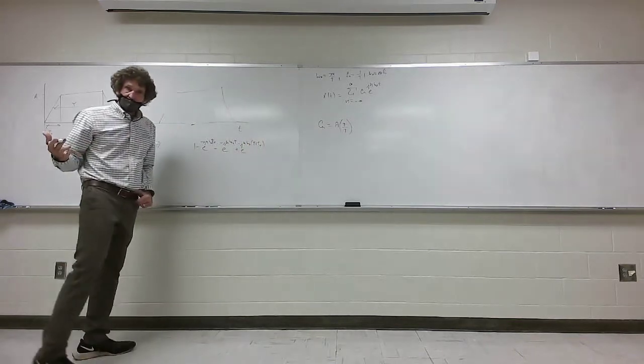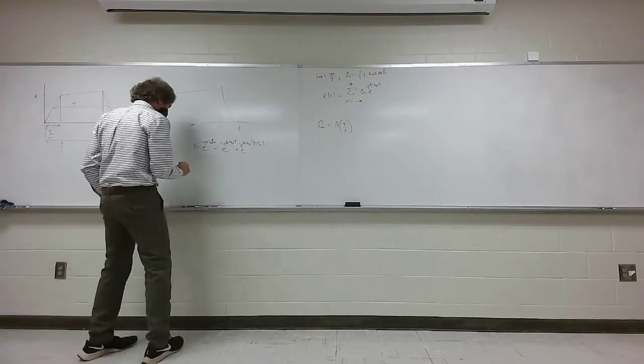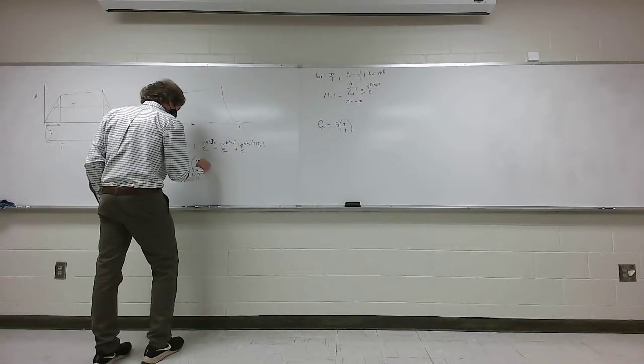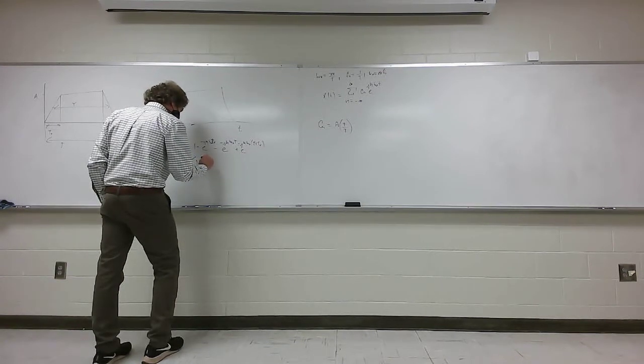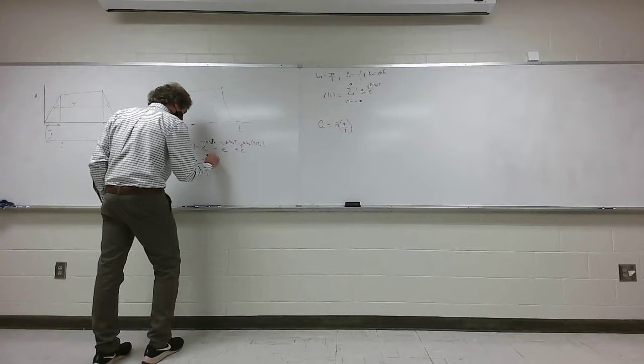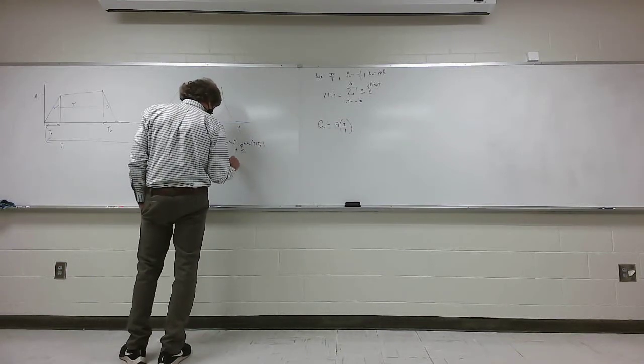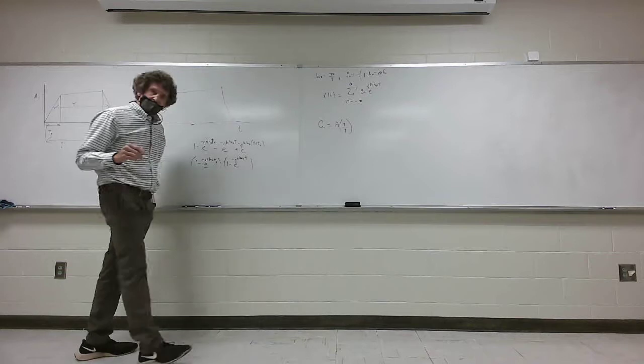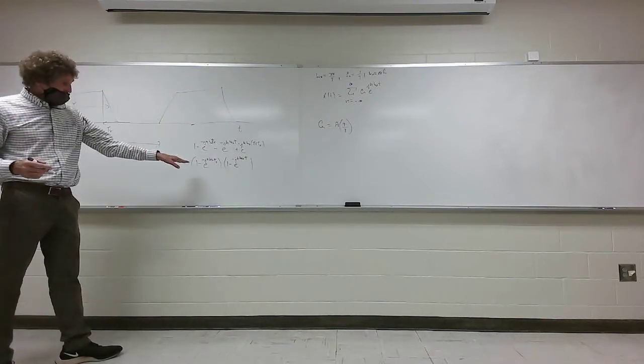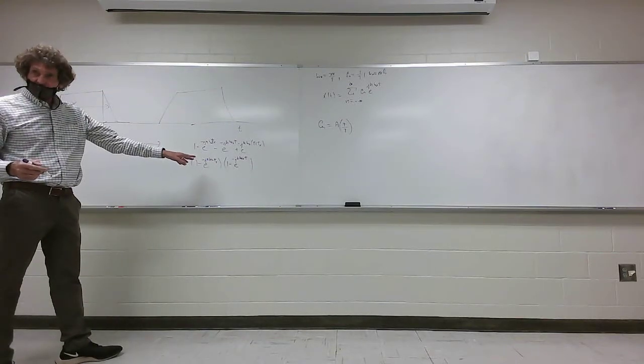Do you all remember that? And I turned that thing into 1 minus e to the minus j n omega naught tau rise. And then I had this as 1 minus e to the minus j n omega naught tau, right? I said that, and then I factored in e to the minus j n omega naught.